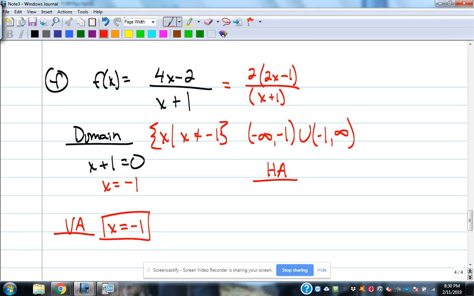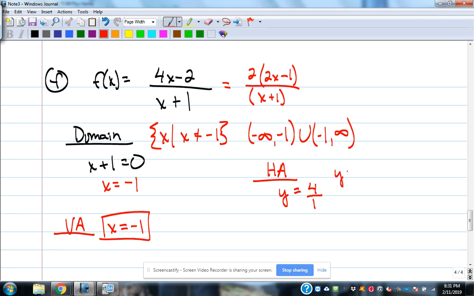If the degrees of the numerator and the denominator are equal, it's the ratio of the leading coefficients. So the leading coefficients here are 4 and 1. So it's horizontal. It's a horizontal asymptote at y equals 4 over 1, so y equals 4.